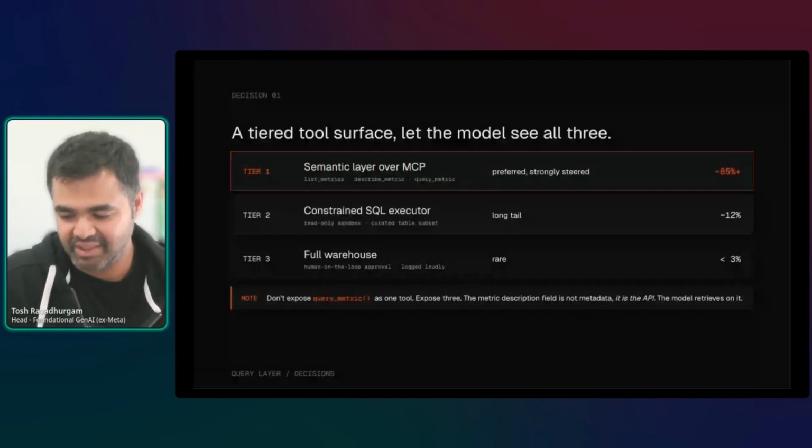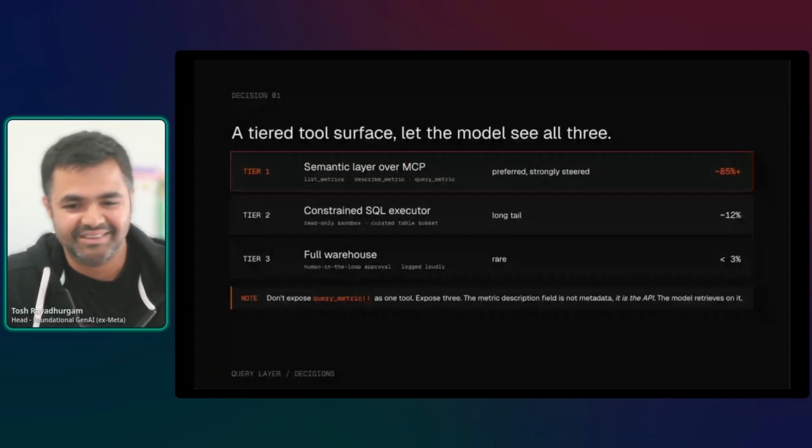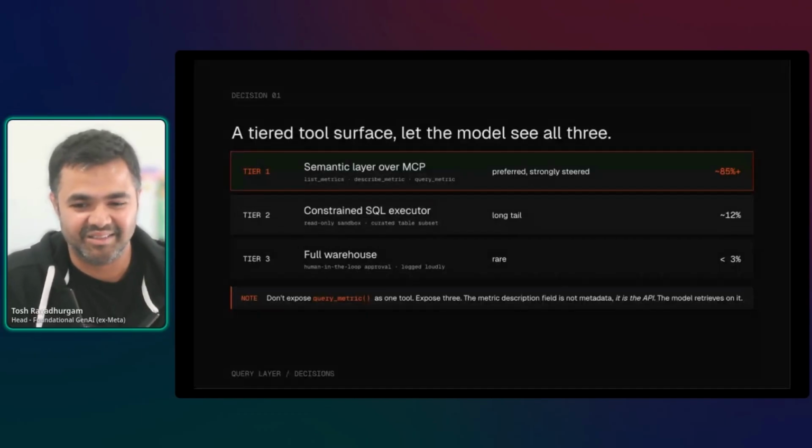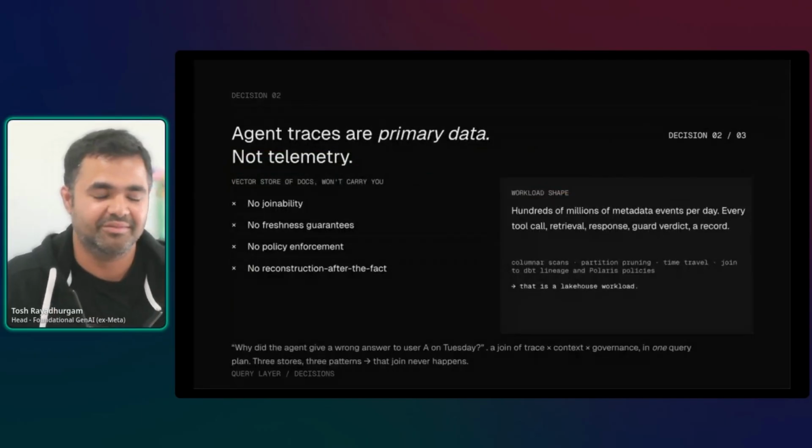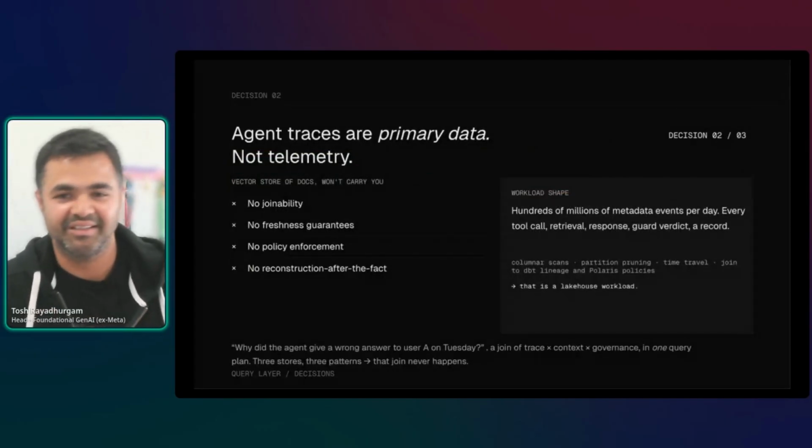Skimping on descriptions is the number one reason I've seen an agent picking the wrong metric. And moving on to a second decision you can make.